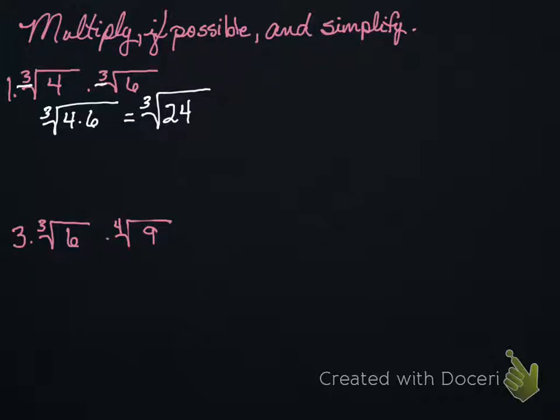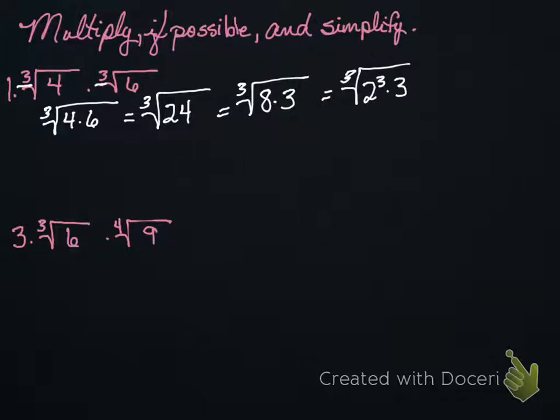Now, I need to figure out one of the factors of 24 that is a perfect cube, and I need the largest one. So, the perfect cube of 2 is 8, and that happens to be one of the factors of 24. So, 24 is the cube root of 8 times 3. 8 is 2 cubed times 3.